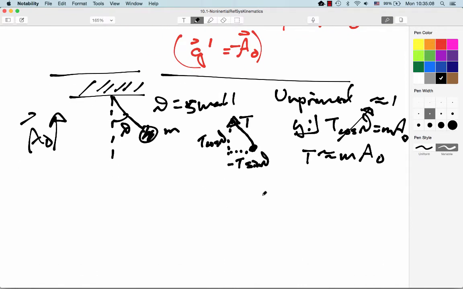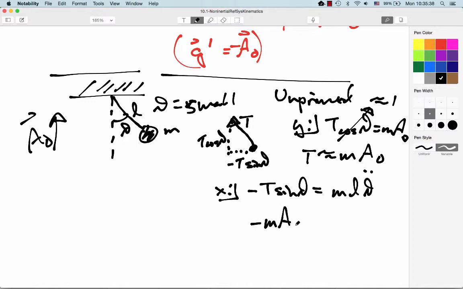Then looking at the x component, minus T sine theta would equal ma, which we can write as ml theta double dot. Since the angle is small, the sine of theta is approximately theta itself. And we worked out that the tension was ma naught, so we would write minus ma naught theta equals ml theta double dot.